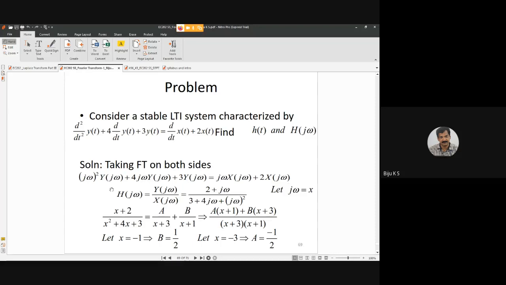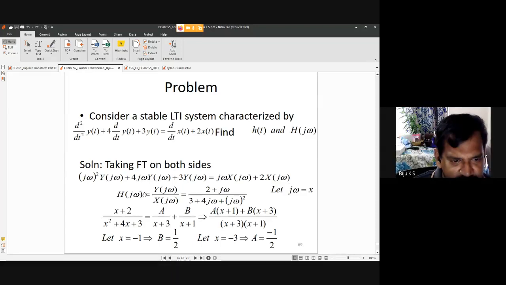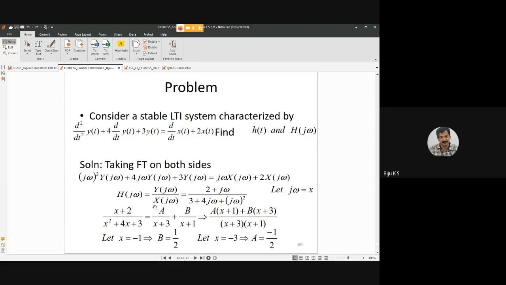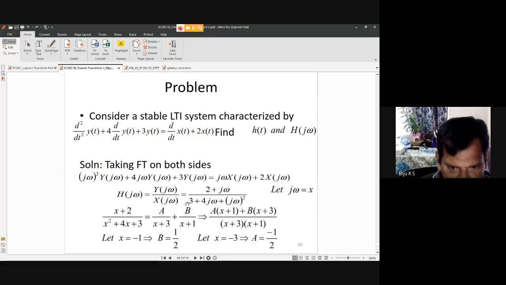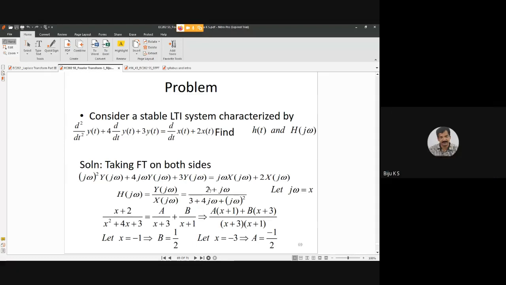So we can find the transfer function, which is equal to Y(j omega) by X(j omega), which can be written as (2 plus j omega) over (3 plus 4 j omega plus (j omega) the whole square).